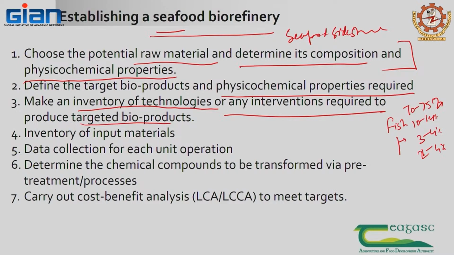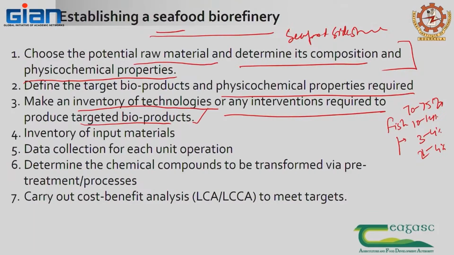Same way, if you are establishing a seafood or fish biorefinery, then you need to know what should be the composition of collagen protein or protein of 75%, protein isolate, protein hydrolysate, or protein concentrate. And then the target bioproduct. Make an inventory of input material, that means what all is required inside.